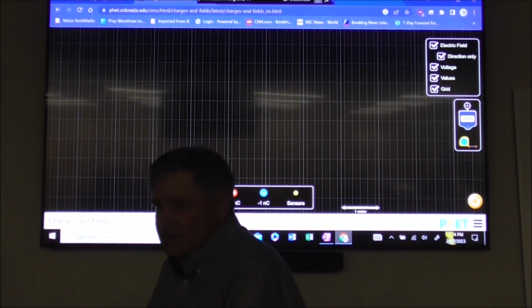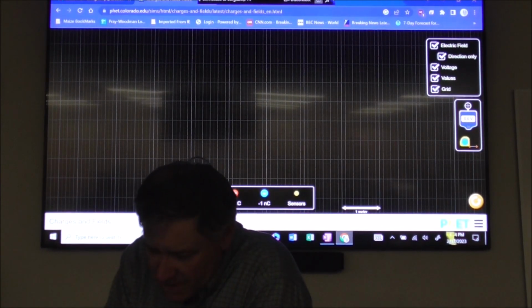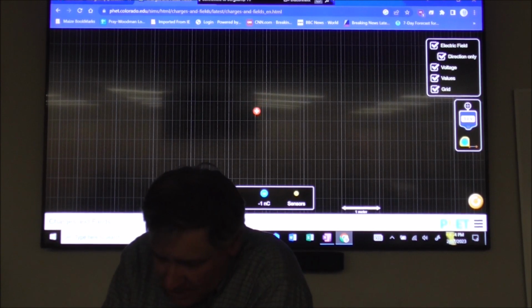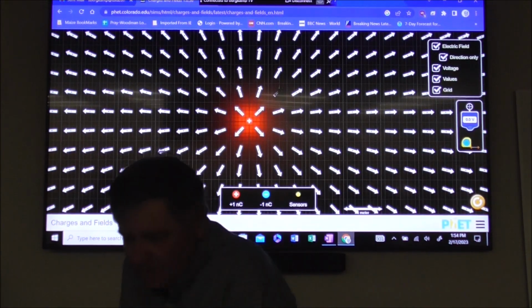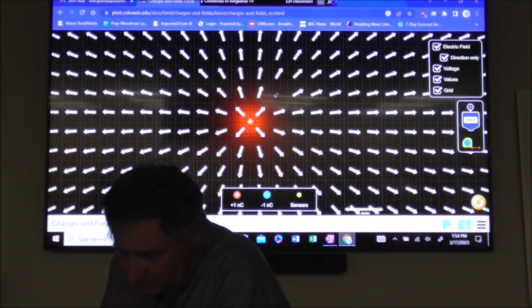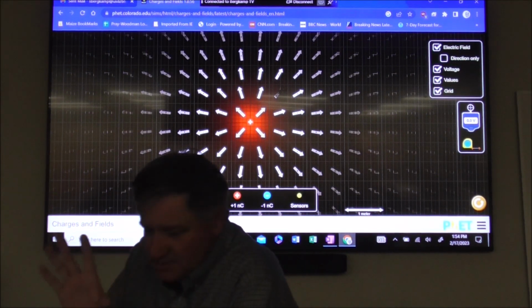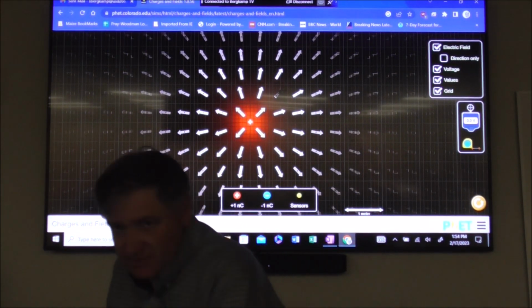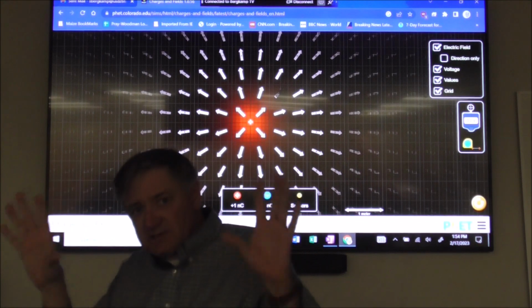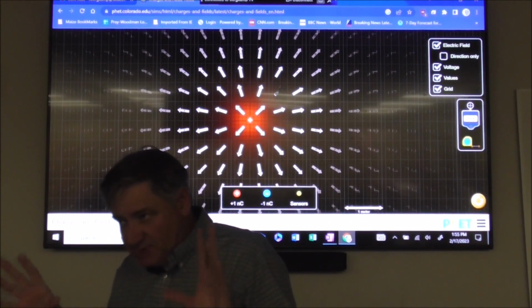But the first thing I want you to do is try and figure out what's going to happen. You're going to drag a positive charge and put it right there. It's cool because you have a positive charge. Notice that those arrows are pointing away from that positive charge.